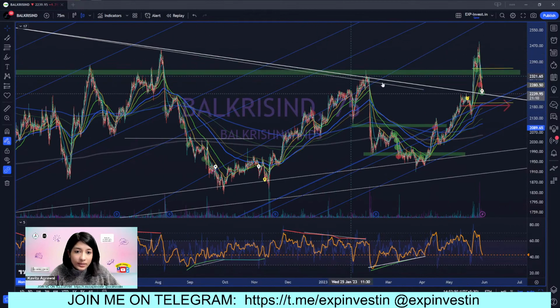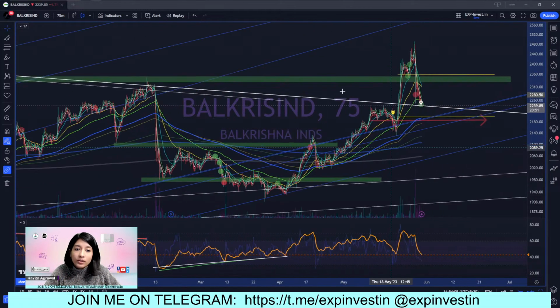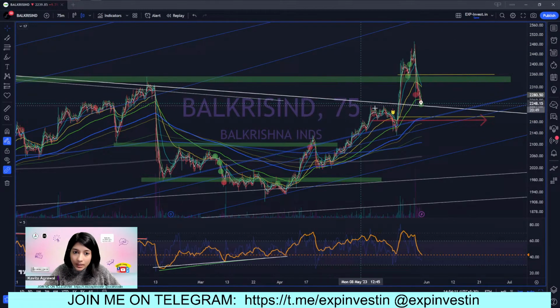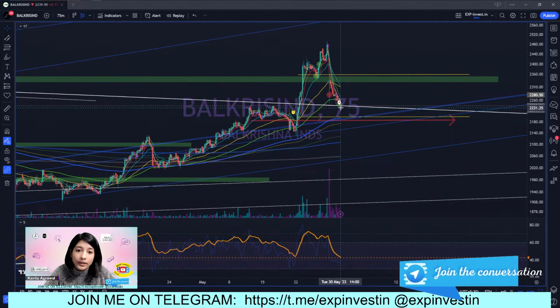However, drawing this trend line here, in addition to the upward sloping trend lines which we drew on the weekly time frame, the broader time frame shows us that the stock was in uptrend. The shorter time frame is showing us that the stock is in downtrend. However, this white trend line that you see is telling us that there has been a breakout above this trend line, and the stock has now come back down to take a support at this trend line.